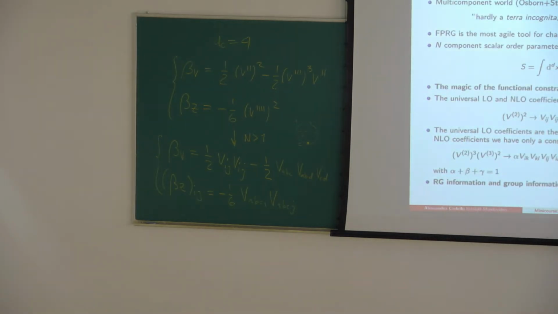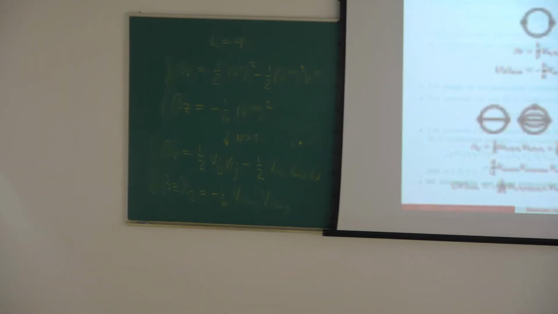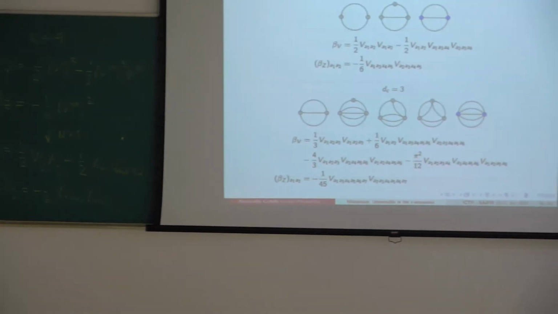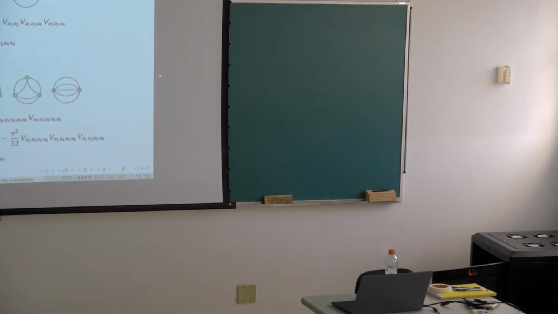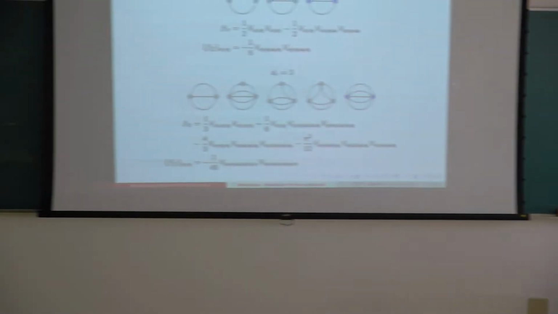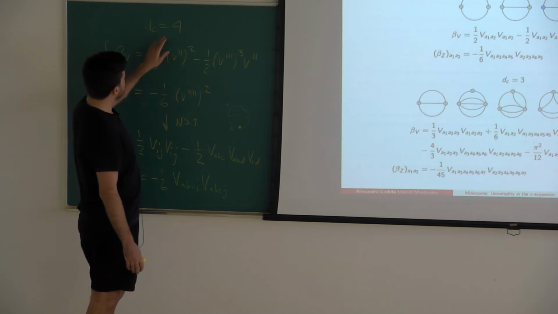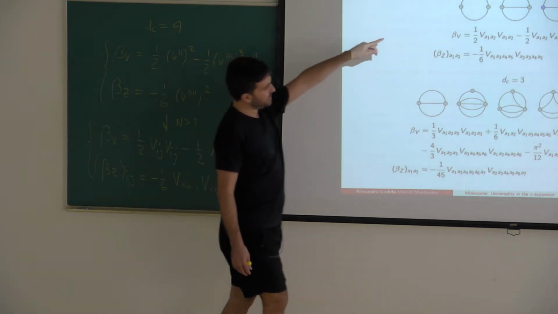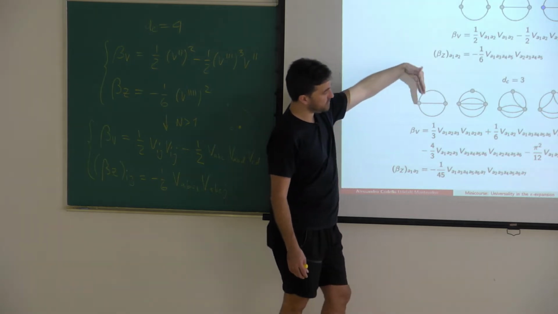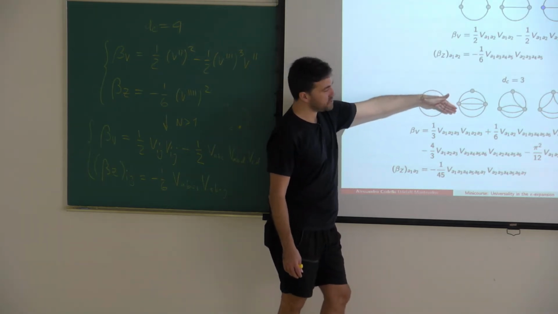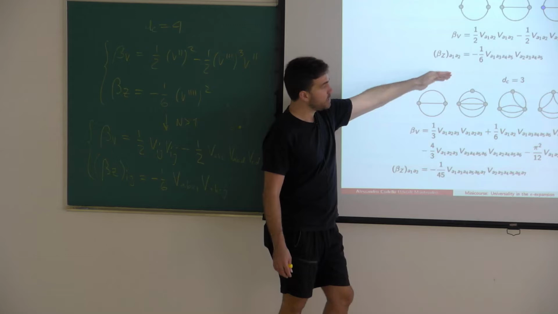This is very important for us because it's the basis of what we're going to do today. Because now, not only can we do this for the upper critical dimension 4, but we can do this for all the possible upper critical dimensions. The other upper critical dimensions have the leading order contribution at higher orders in the loops.